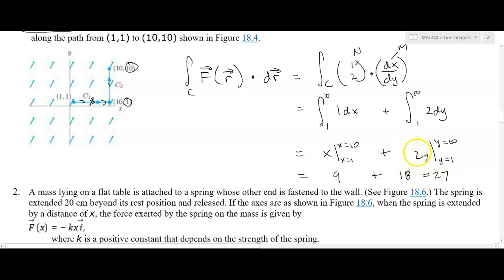What would be the units? If this were newtons and this were meters, this would be 27 joules of work. Because that's positive work, the current is doing more work for us, and because it's positive, we are going with the flow of current.